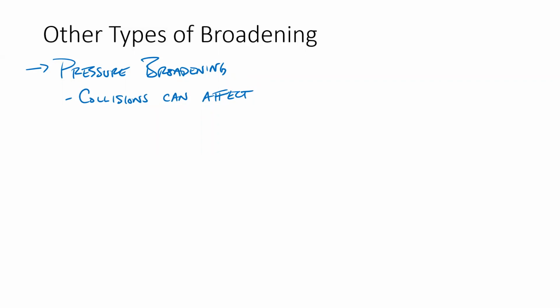The more collisions we have, the more that atom is sort of jostled around, that ground state energy can be affected. So the S naught, right? And so if that S naught energy is changing just a tiny bit, then of course that transition from S naught to S1 and vice versa is also changing.